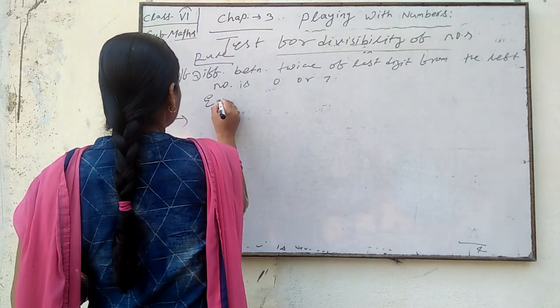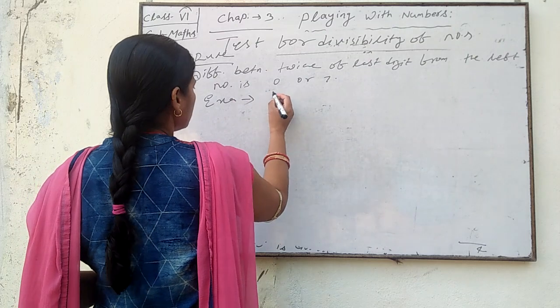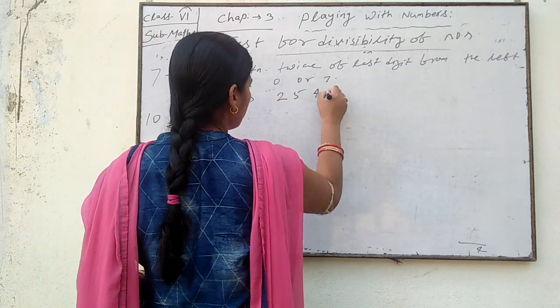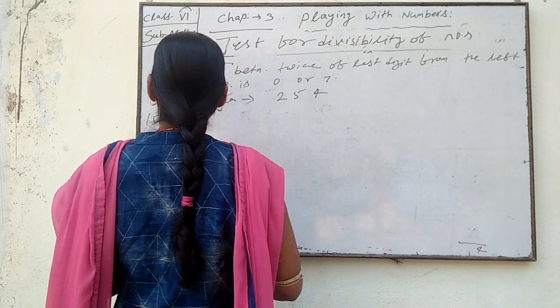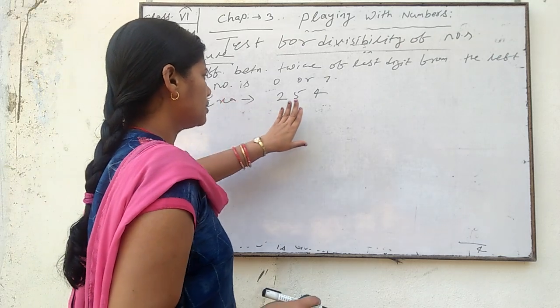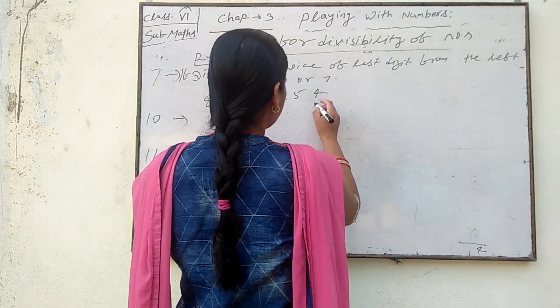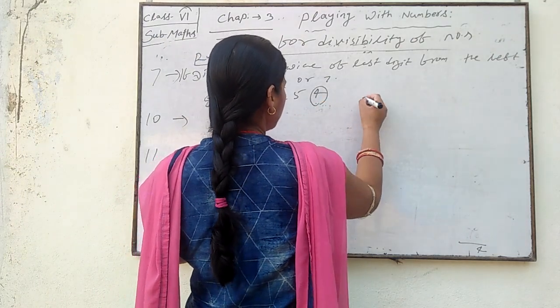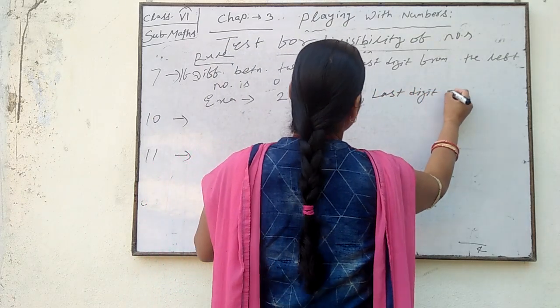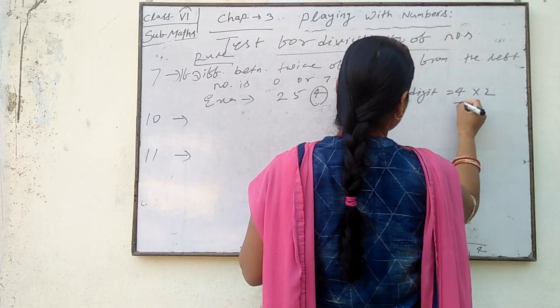For example, suppose your number is 254. Now test whether this number is divisible by 7 or not. Twice the last digit: your last digit is 4, so twice is 8.